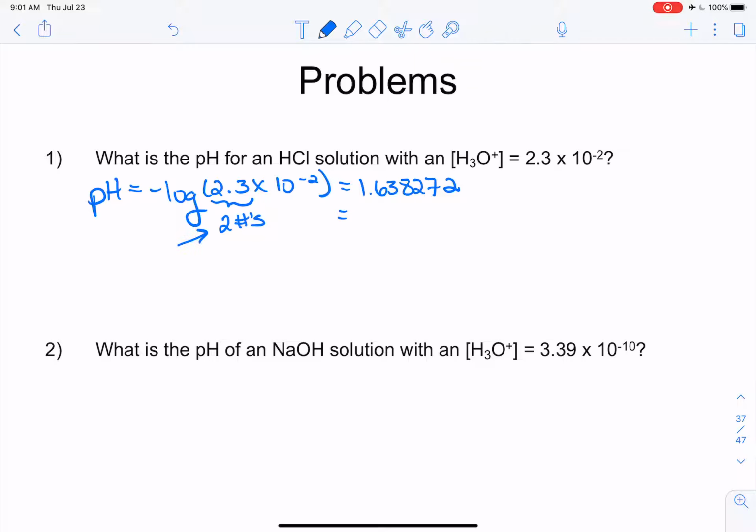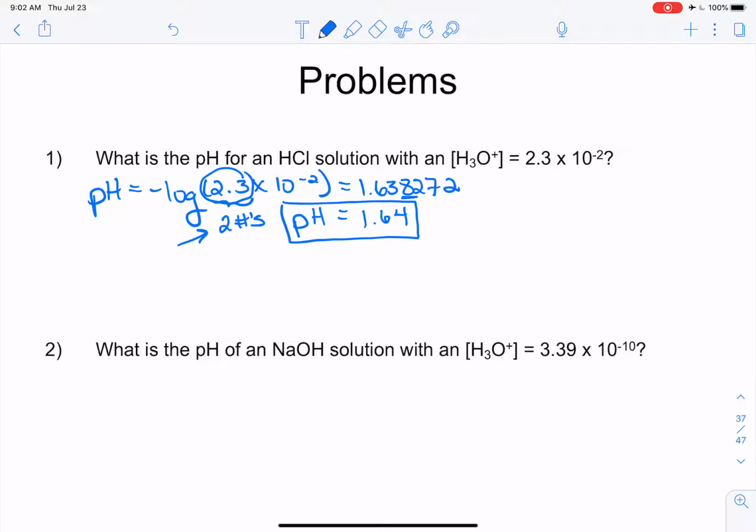So we have two numbers in the coefficient of the original number, so we want two numbers to the right of the decimal in our pH answer. I know that's strange, but that's how it goes. So that would mean we'd have 1.6 something, and the 8 is telling us we would round up to 4. So the pH for this hydrochloric acid solution is 1.64.